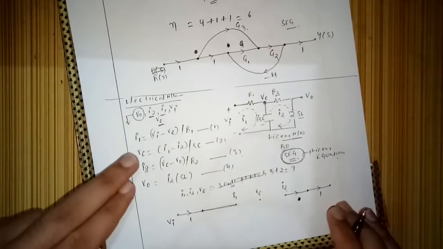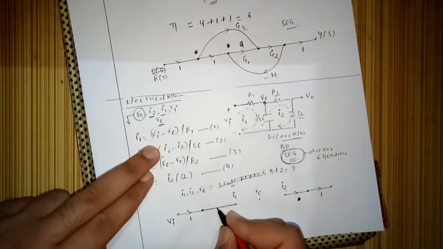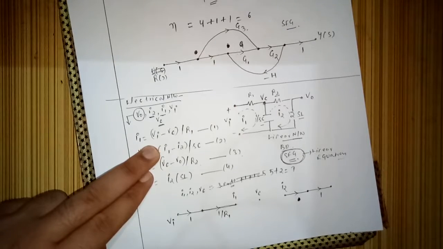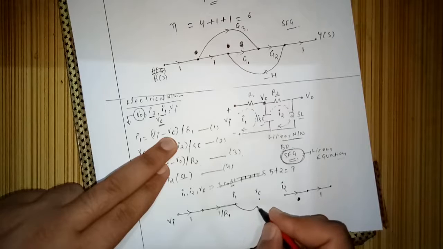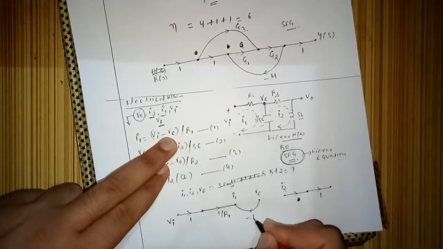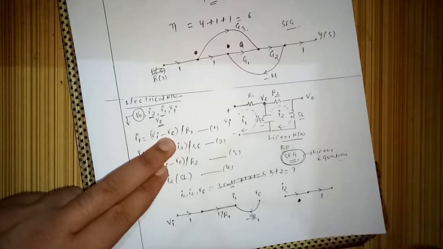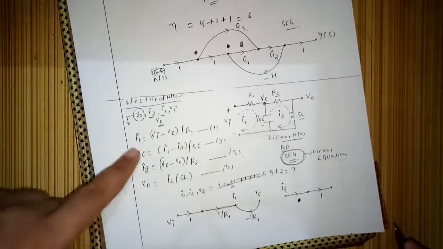First of all, write I1. I1 is equal to Vi by R1, 1 by R1, right? And minus VC by R1, that is taken from this point, minus 1 by R1, right? So this completes my first equation.